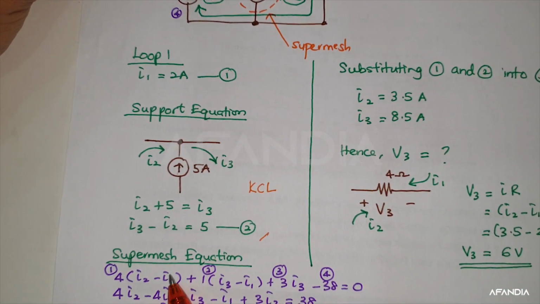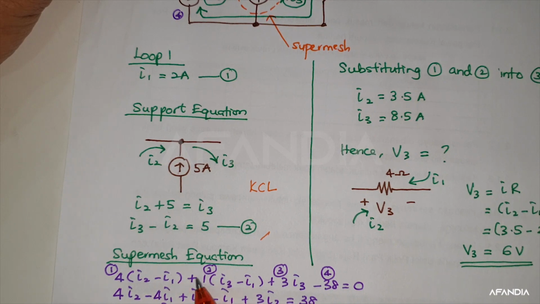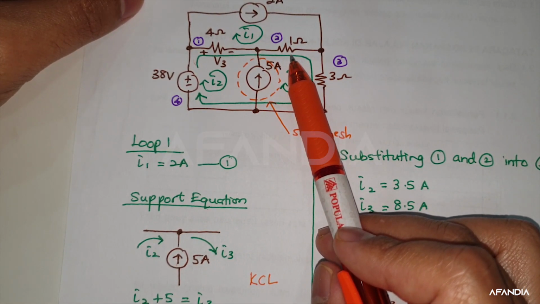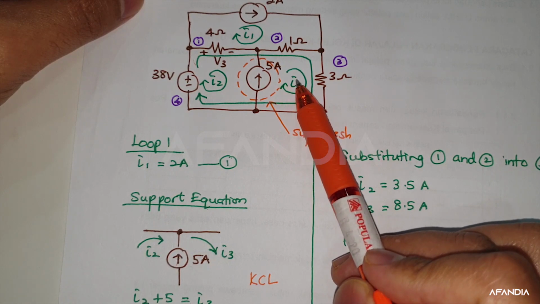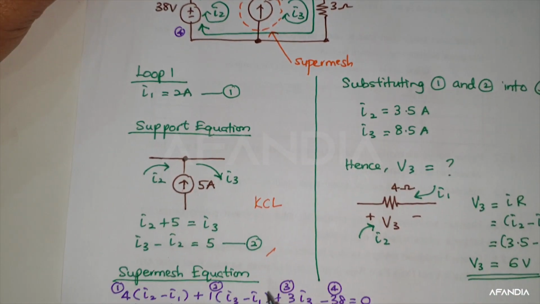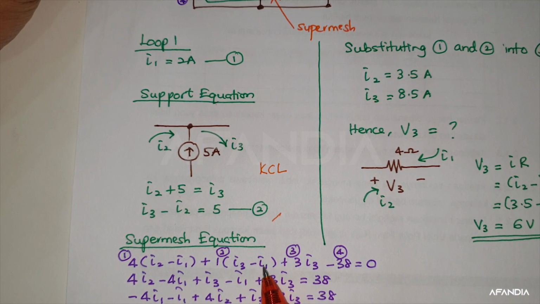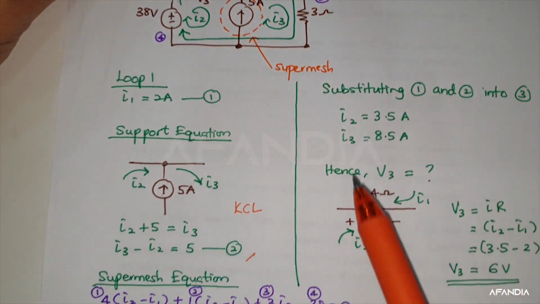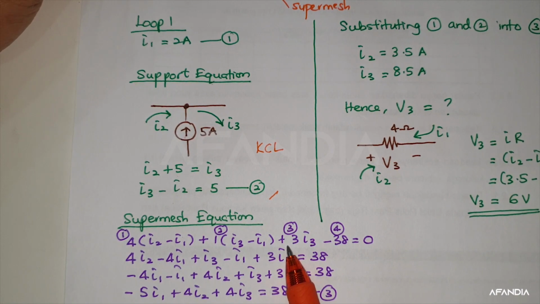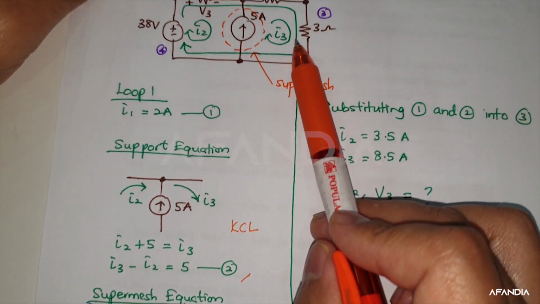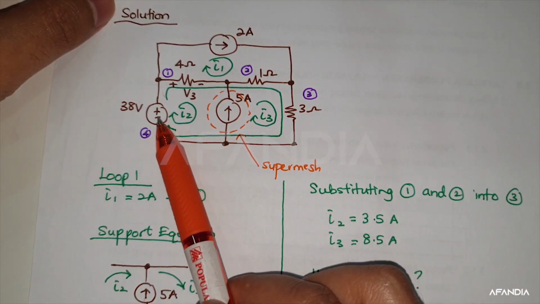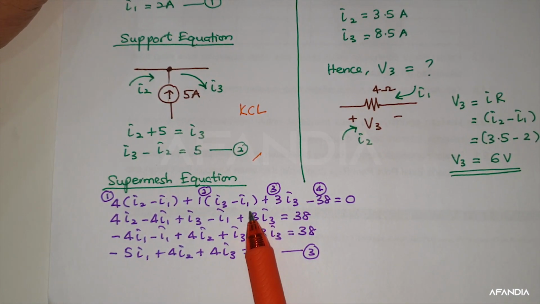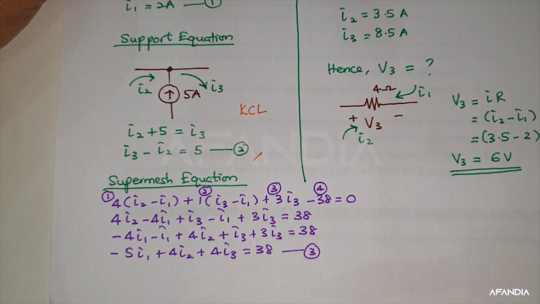That's why we have here 4(I2 minus I1), plus, this is 1 ohm, what are the currents flowing? You have I3 and I1, that's why you have I3 minus I1. For here, you have only I3, that's why plus 3I3. And it flows through here until here, that's why minus 3I3.